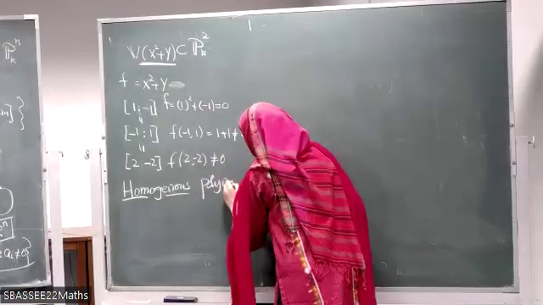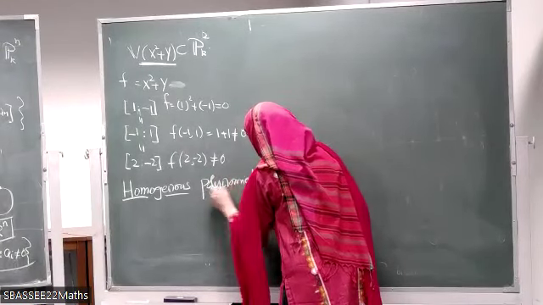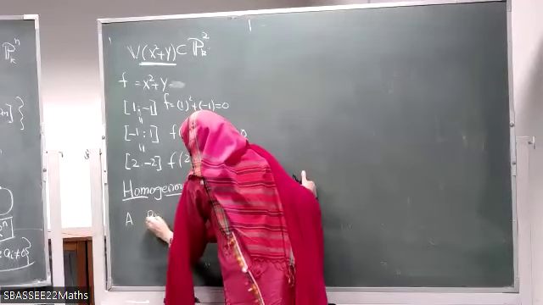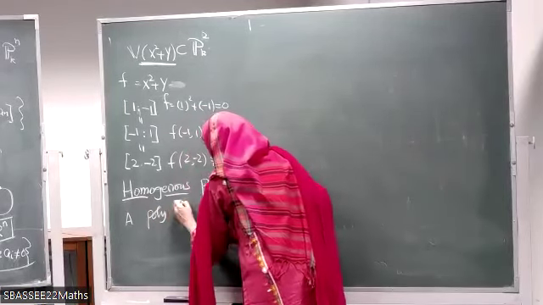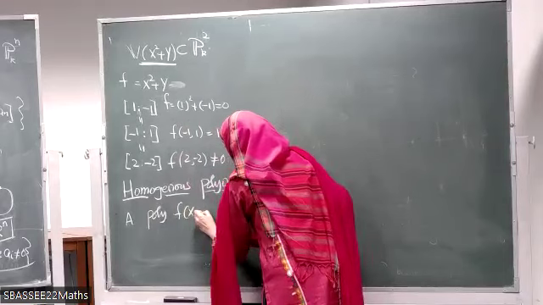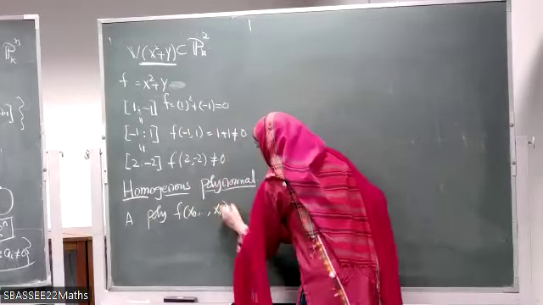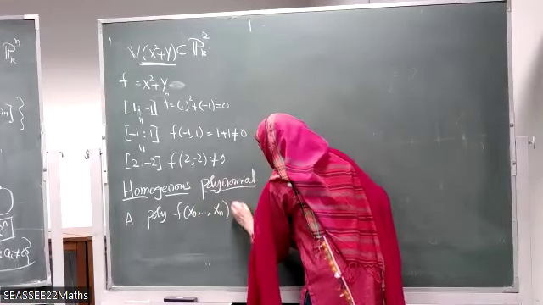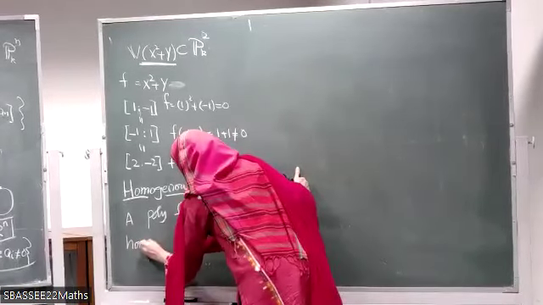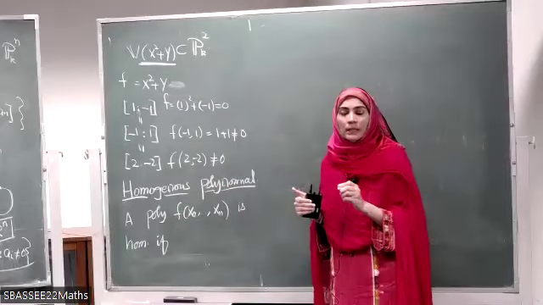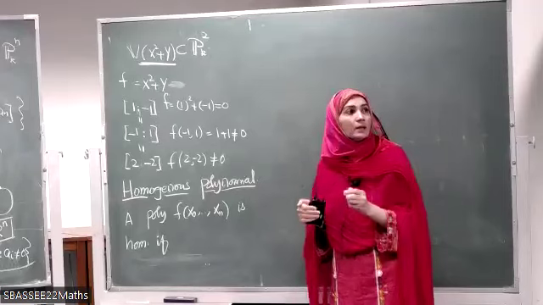So what is a homogeneous polynomial? A polynomial f in n plus one variables is homogeneous if each term in that polynomial has the same degree.